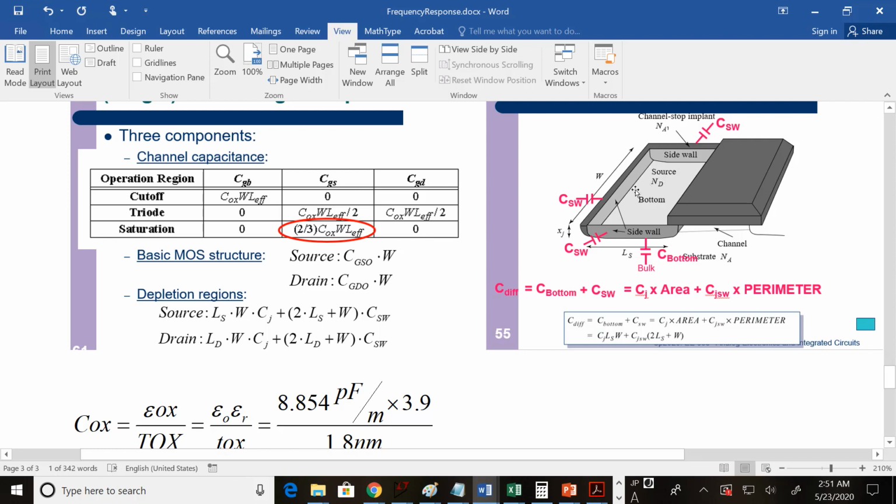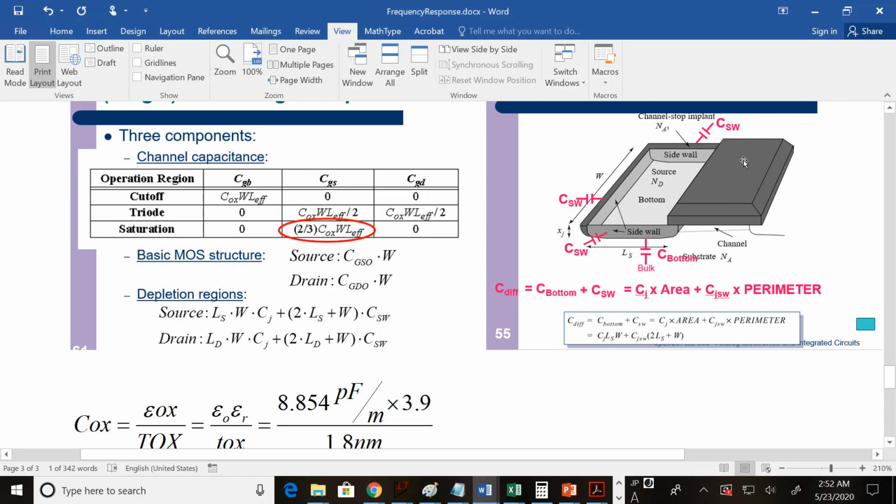If you are asking for all the capacitance that's on the source, you have this equation that we just looked at. But also, if you're just sitting on the source and saying how much capacitance do I see, you still see the overlap capacitance there. So the total capacitance on the source is the bottom capacitance, the sidewall capacitance, and the overlap capacitance. That's if you're on the drain, you see that.